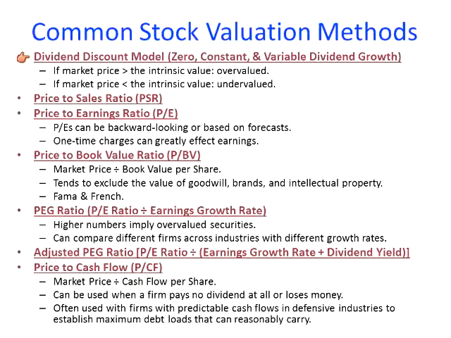The third bullet point says use the price-earnings ratio: if the company has positive earnings but pays no dividends, then you look at the PE ratio.